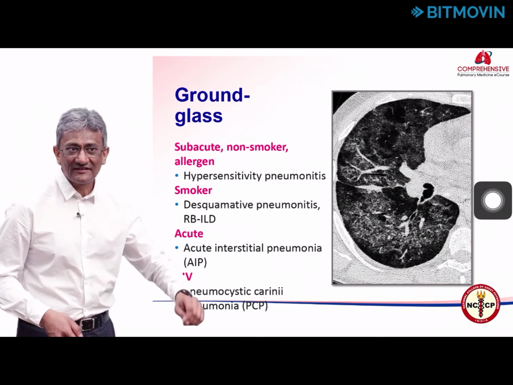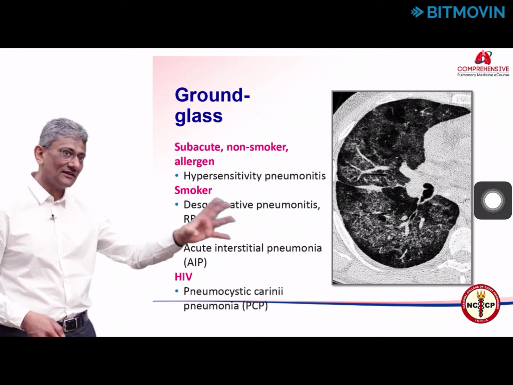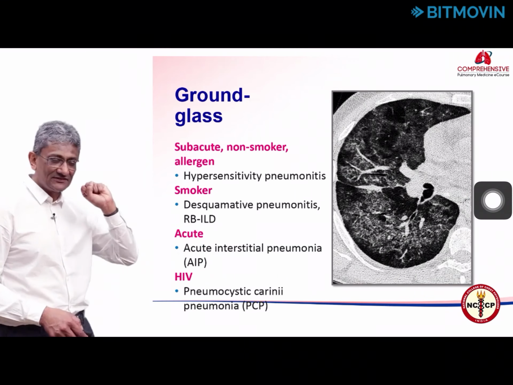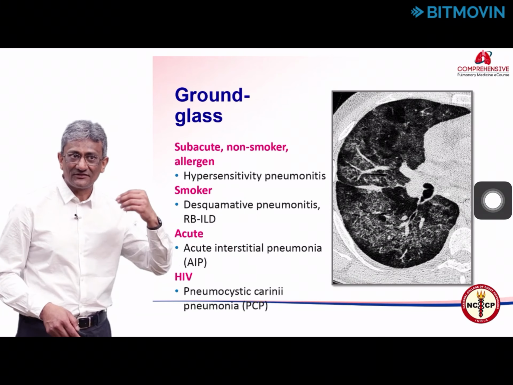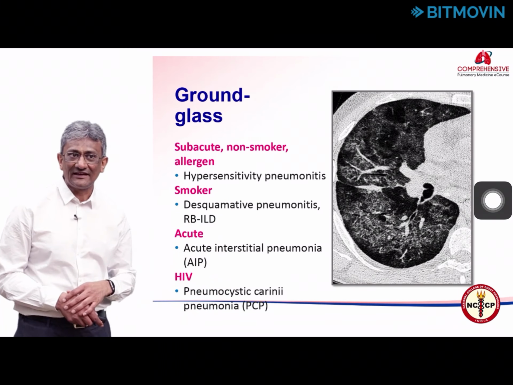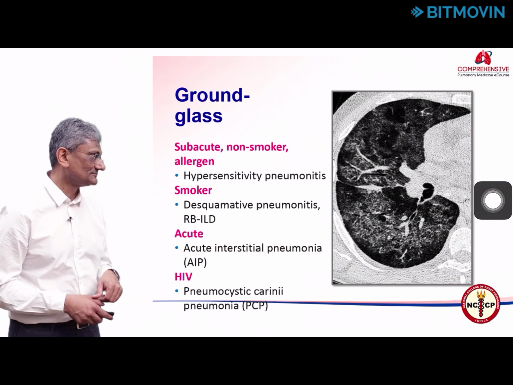If the patient presents acutely within 24 to 48 hours, the same pattern gets called acute interstitial pneumonia. And if the patient is HIV positive or immunocompromised, the same pattern would be called Pneumocystis carinii pneumonia, or jirovecii, so PJP or PCP.